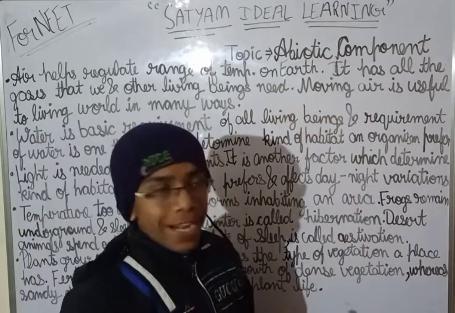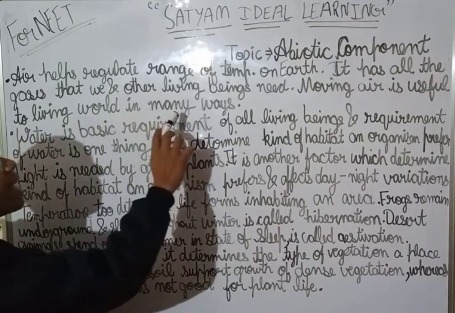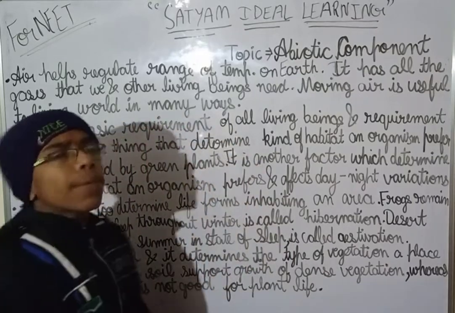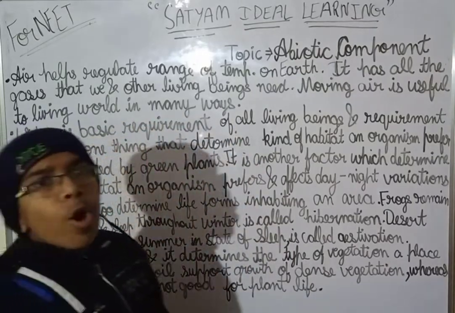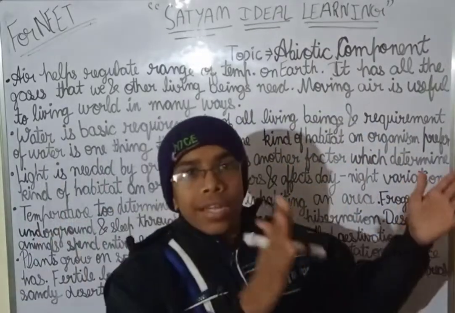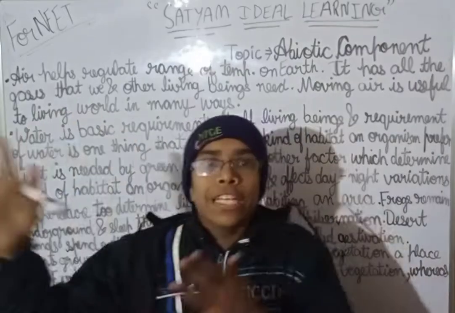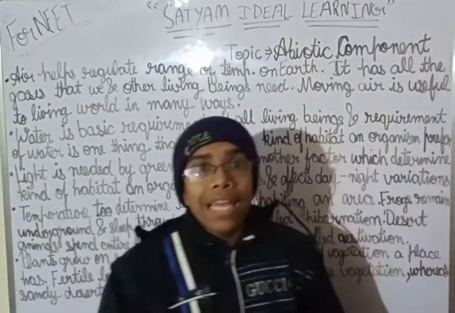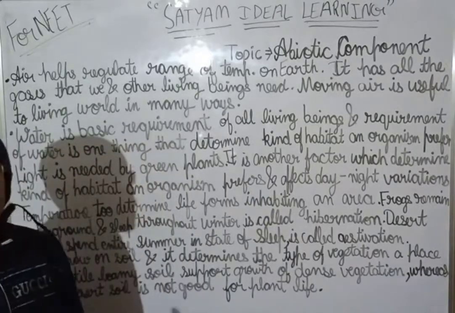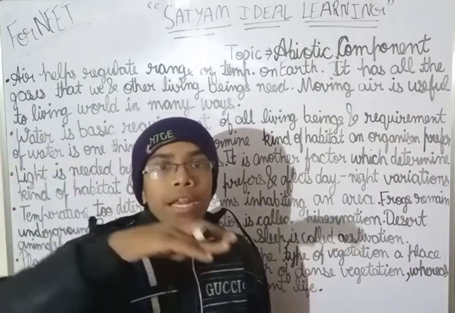Now we come to moving air. Moving air means wind. Wind is useful to the living world in many ways, guys. Wind also helps in carrying moisture like clouds. It carries the clouds from one place to another, and thus it also helps in the distribution of rain.